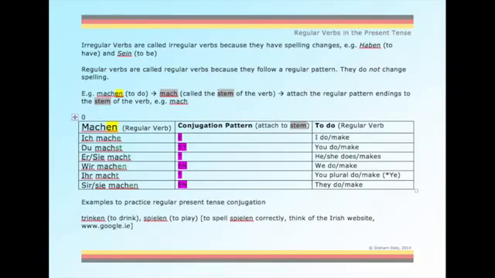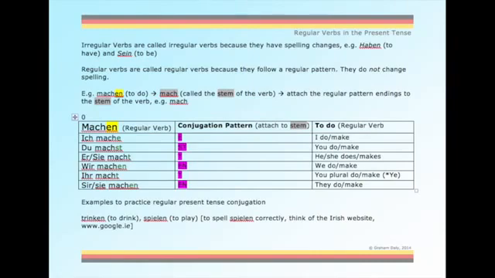The next one is for he, when we're talking about a boy, sie, she, when we're talking about a girl, or es, which is it, when you're talking about an object that is not living, like the computer. It is new. Er, sie or es mach, M-A-C-H, followed by a T. Now underline T.